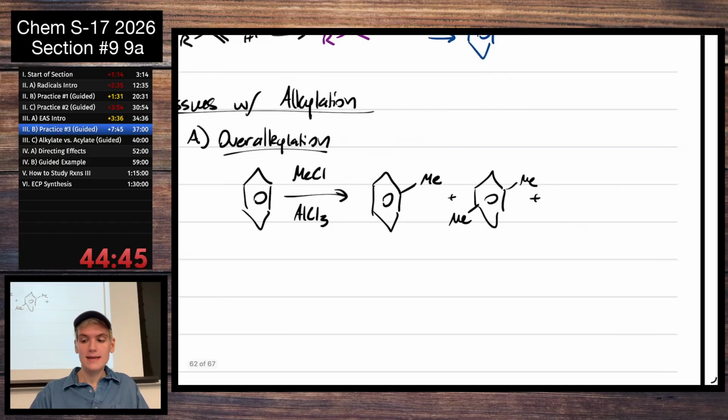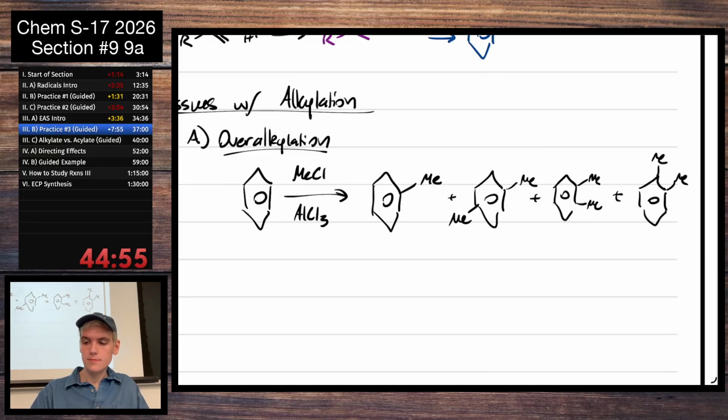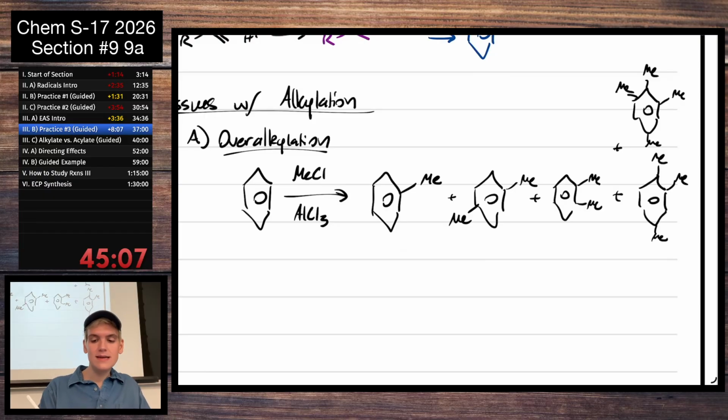They can be added side by side, like ortho to each other. And we're going to get the product with 3 methyls added. You can even get the product with 4 methyls added. Don't worry about writing all of these combinations, but just seeing, okay, we can add a lot. And the reason is because the alkyl group is activating, which we'll talk about in a little bit.